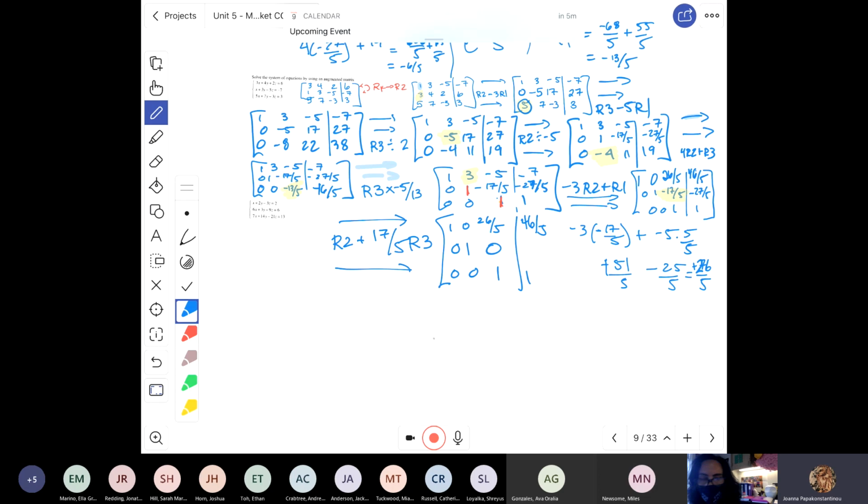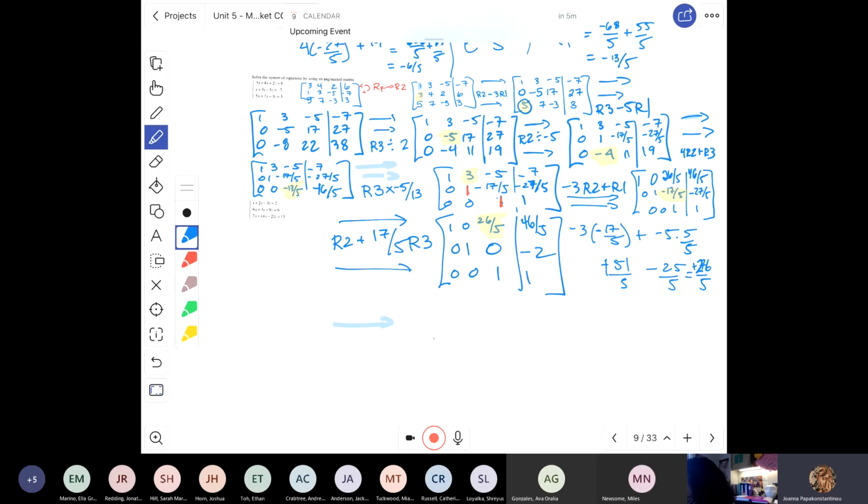What is it? -2. Okay, so I have X, I have Y, I have Z. All I have left is to find X. I'm going to use row 3. What row operations am I going to perform?